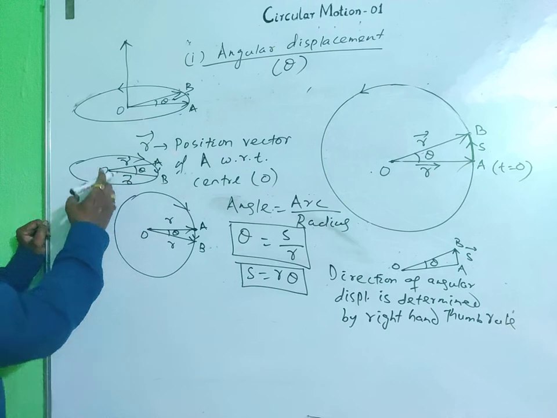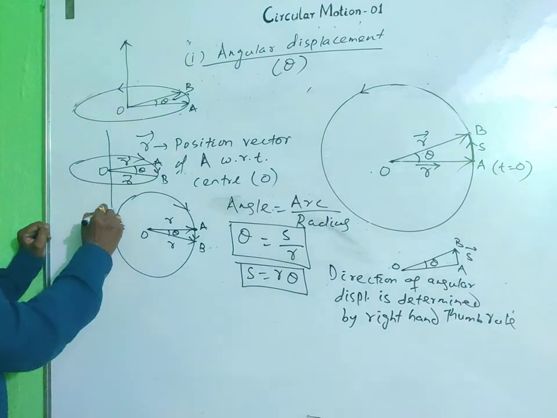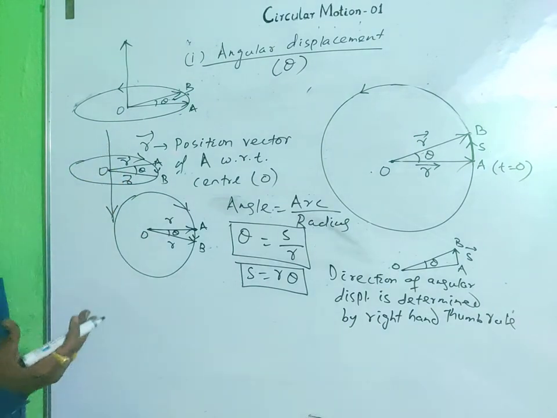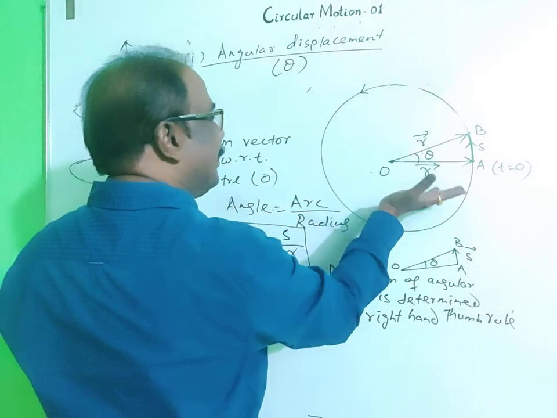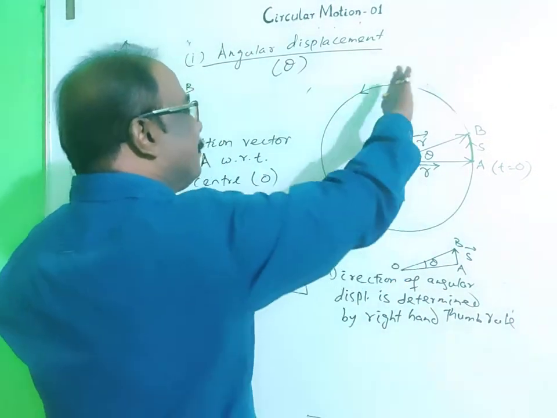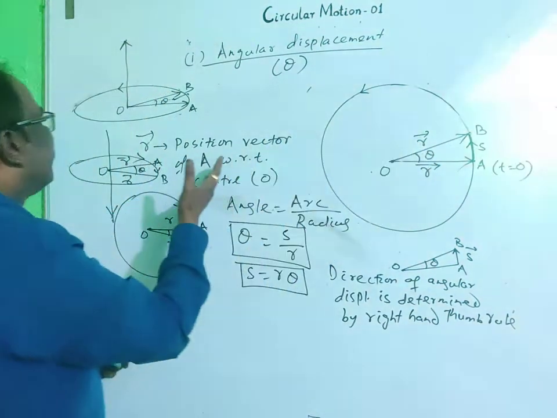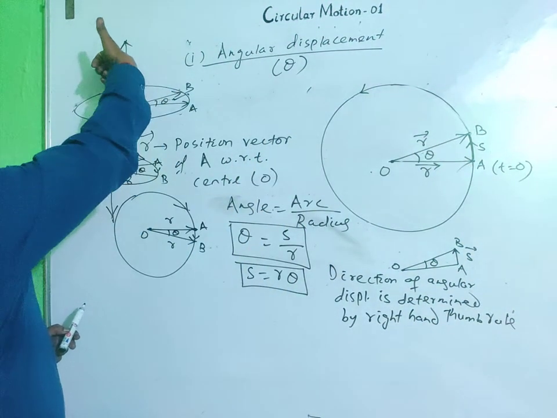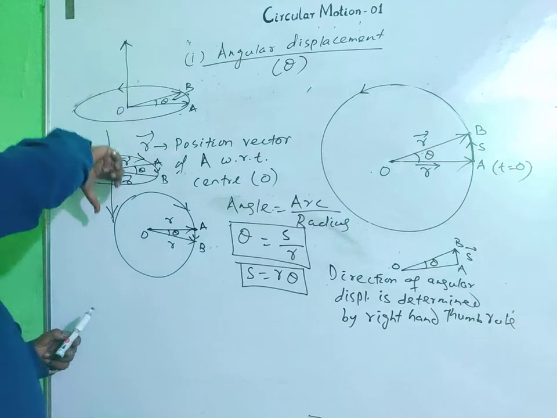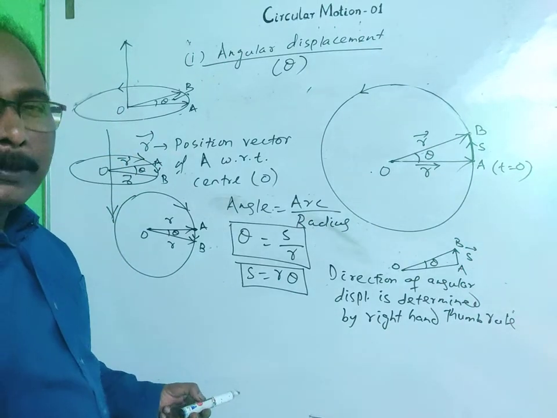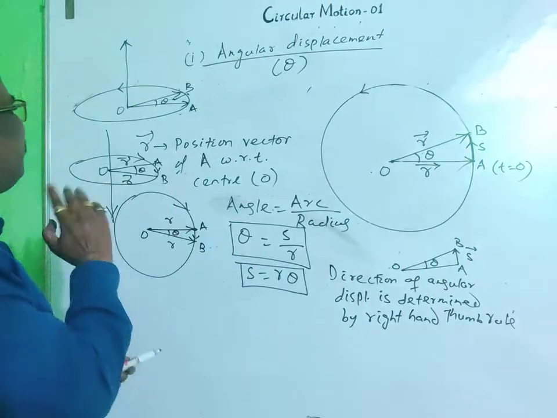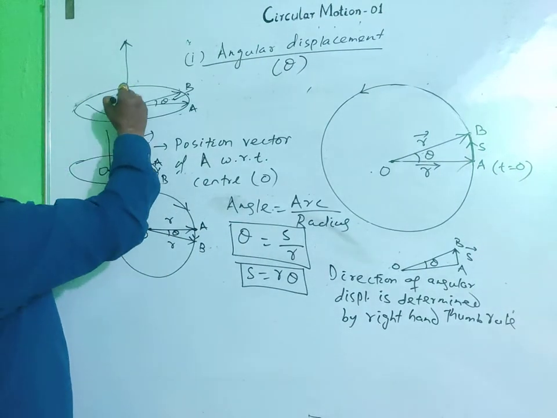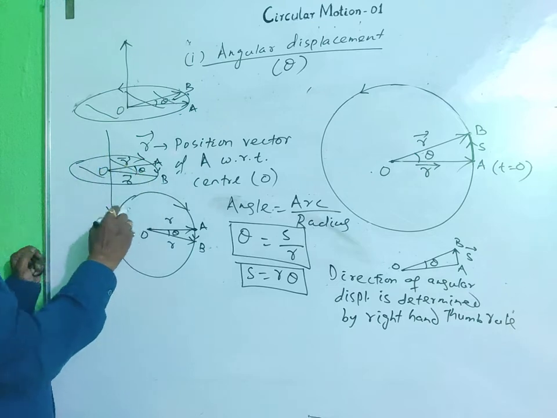So this is the direction of angular displacement. Whatever may be, here outward for anticlockwise motion, inward for clockwise, and here upward for anticlockwise motion or downward for clockwise, whatever way. The direction of angular displacement is perpendicular to the plane of revolution.